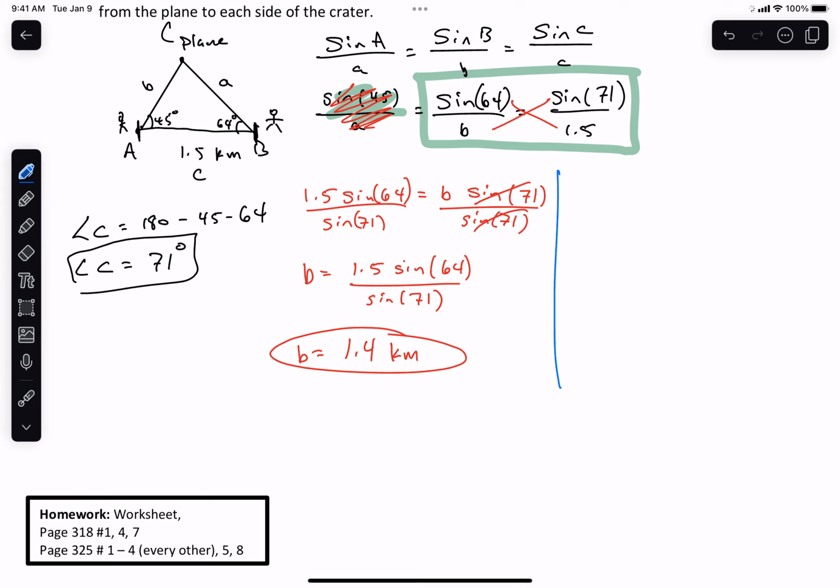I'm just gonna go sine of 45 over A has to equal the sine of 71 over 1.5.